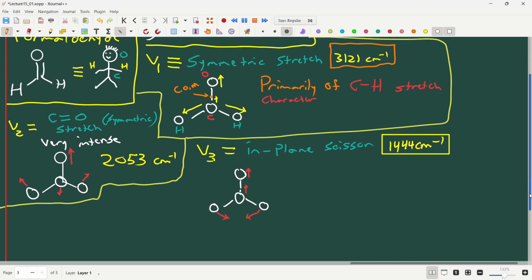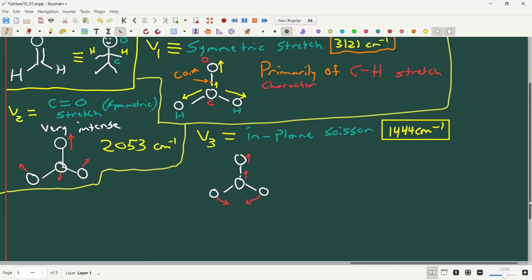Now this mode tends to be a little weaker in terms of intensity because the carbon and the oxygen are kind of moving in the same direction. So the bond length of the CO is not really changing that much. Just this motion of the hydrogen. So the dipole doesn't change nearly as much. Okay, because this carbon-oxygen length kind of stays constant.